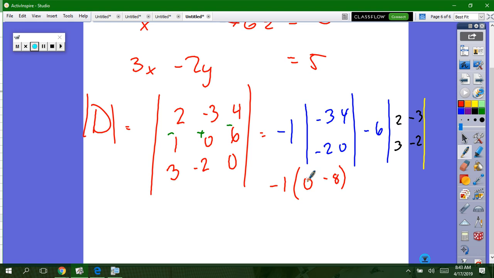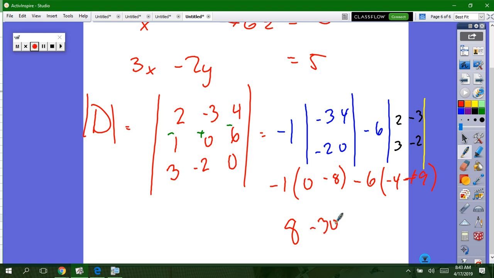Then -8. So this is just 8. -6, parentheses, -4 minus -9. Okay. So that comes 8 plus 9, so that's 5. 5 times -6 is -30.